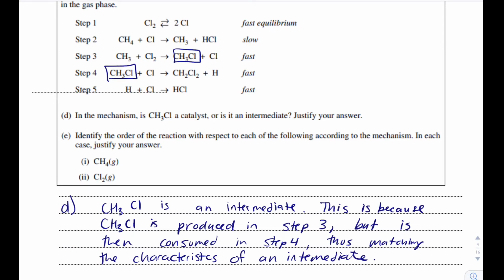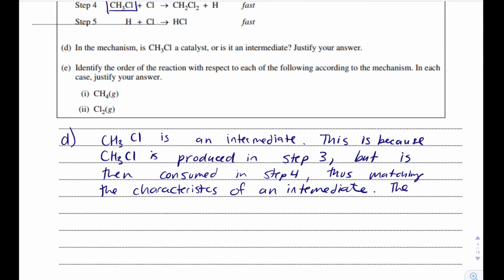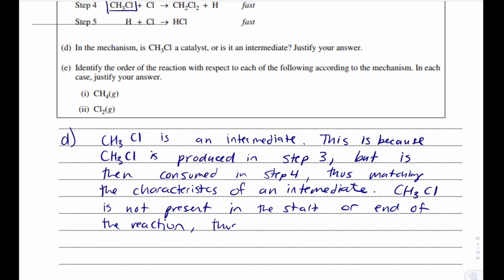You may also say CH3Cl is not present in the start or end of the reaction. Thus, CH3Cl cannot be a catalyst. That'd probably be overkill to say that, but if you had the time, I would put it.